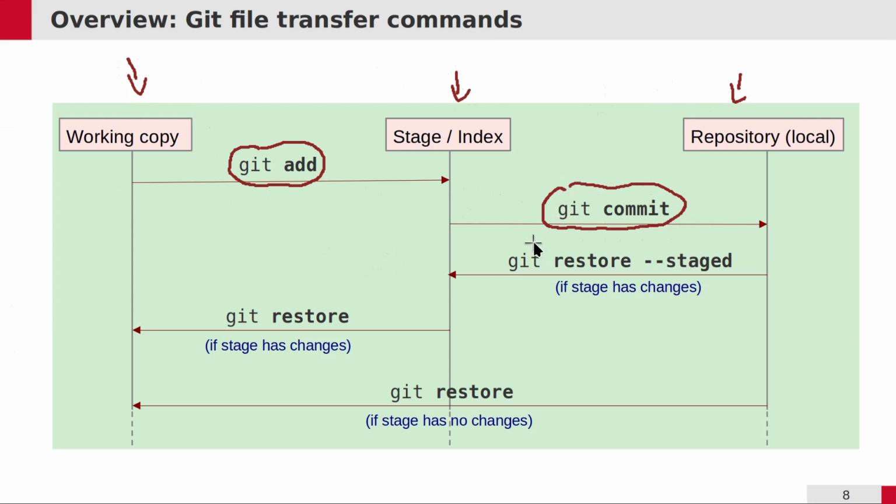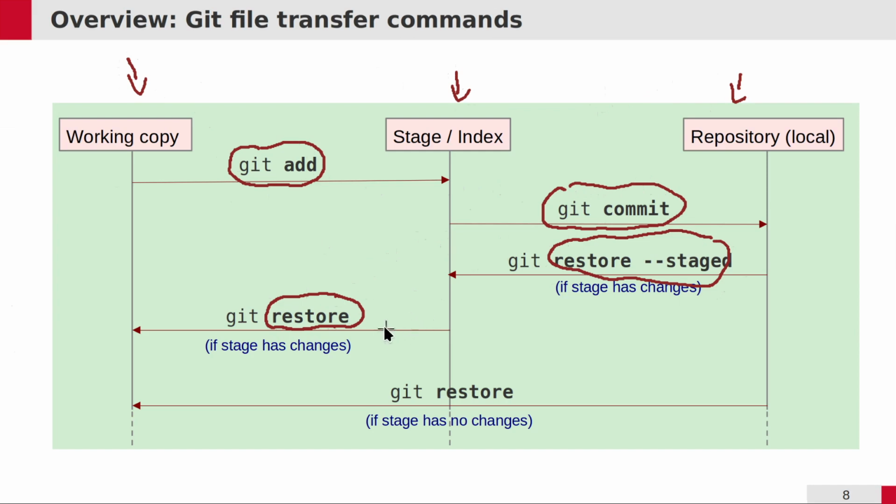The way back from the repository to the stage: if something on the stage has changes and you want to destroy those changes, or restore the stage to look the same as the repository, then you can use the git restore --staged command. The same way you can use the git restore command without the --staged option to restore things in your working copy.